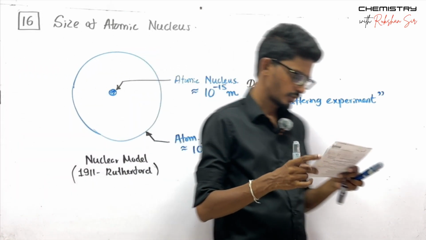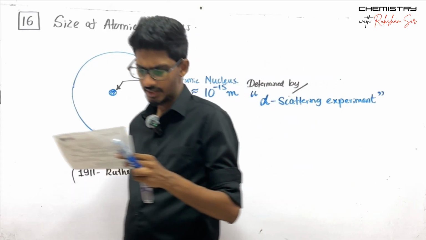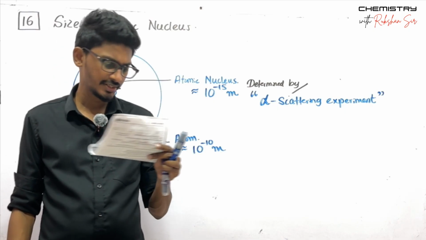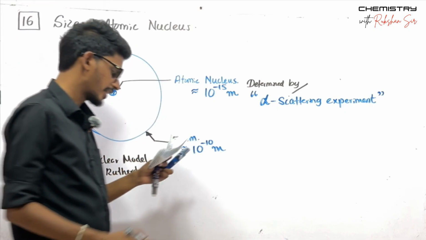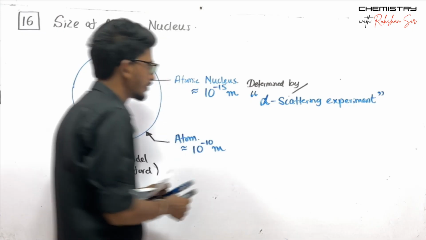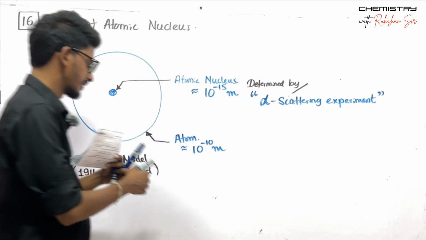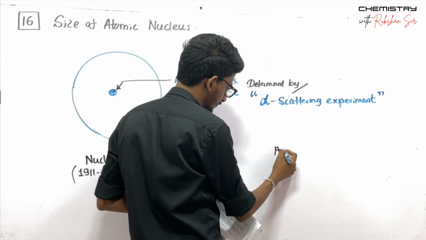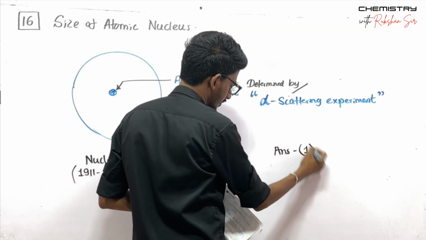The size of the atomic nucleus was determined by making use of alpha particle scattering. So answer number 1.